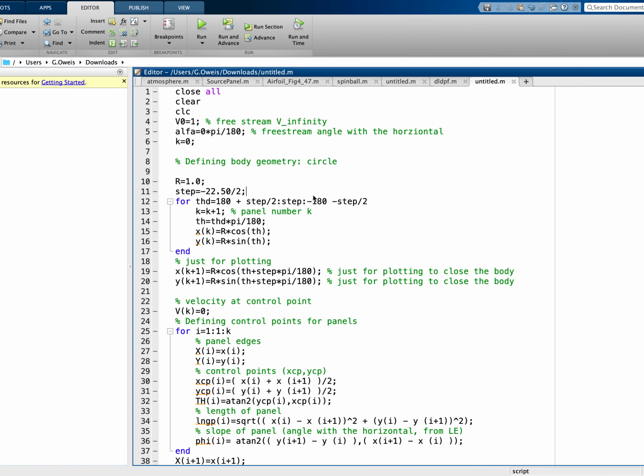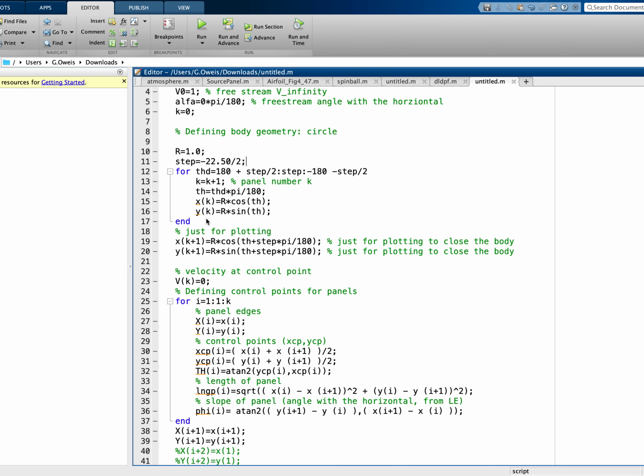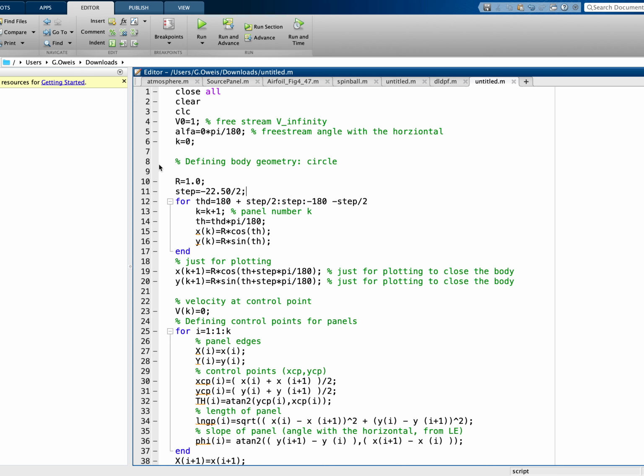So here we're doing it for a circular cylinder as a check. And first thing is we're defining the circle. So here you define your body, and the circle is easy to define. It's just defined by its theta locations and x and y locations. But if you have a more complex shape, maybe you want to import that, you might have a different type of equation here.